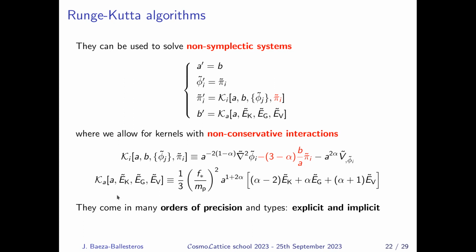And there are also other types of Runge-Kutta algorithms which reuse the prediction variables. So they are the so-called low storage Runge-Kutta algorithms.